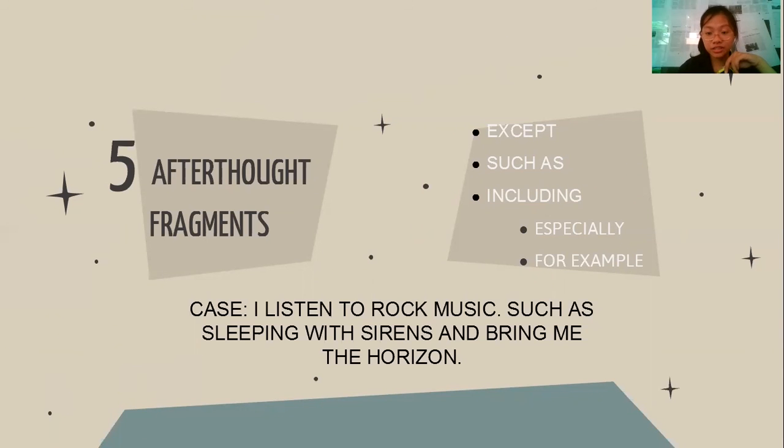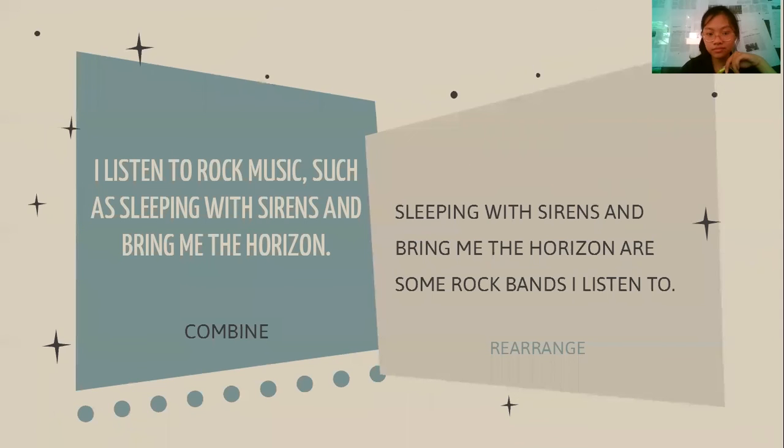How do you fix this? You can either combine it or rearrange it. I listen to rock music, such as Sleeping with Sirens and Bring Me the Horizon. Or you can rearrange it: Sleeping with Sirens and Bring Me the Horizon are some rock bands I listen to. You can add some words to support it. That's easy.